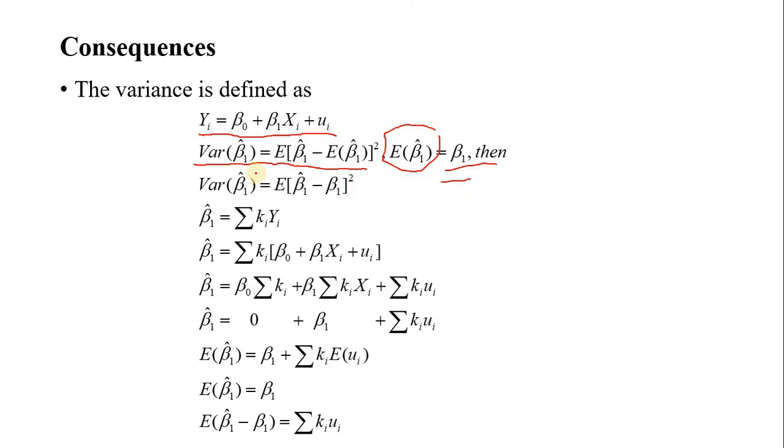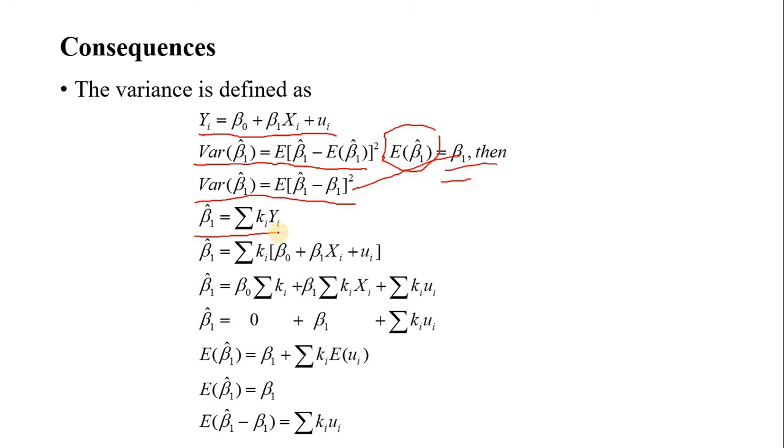Now our equation is variance of beta cap 1 equals expected beta cap 1 minus beta 1, whole square. And we have already learned that beta cap 1 can be expressed as sigma ki into yi, from the linearity properties.